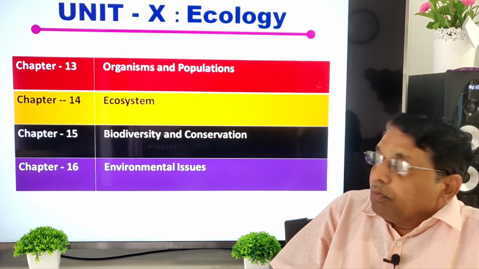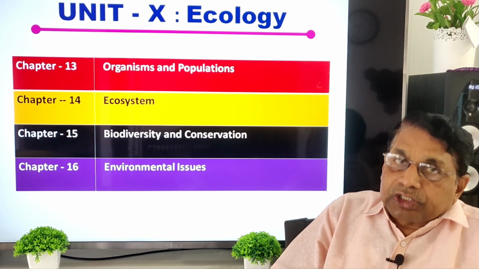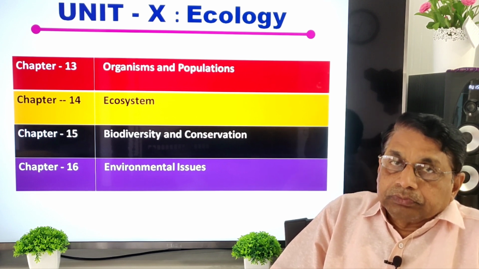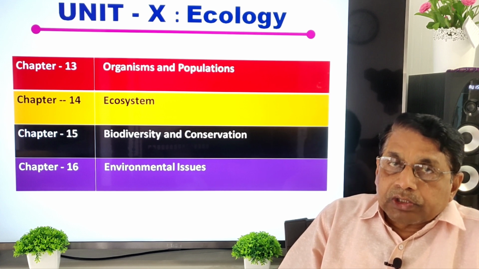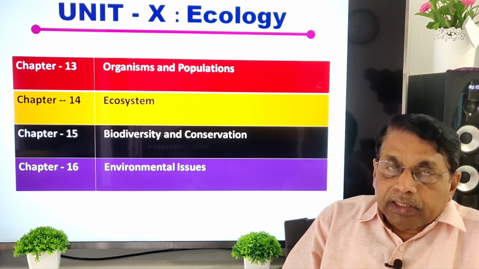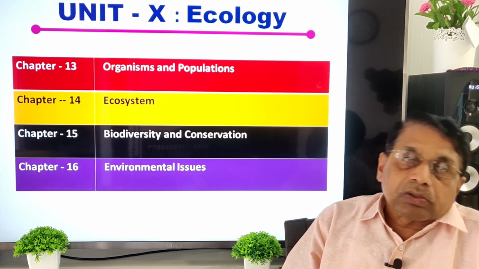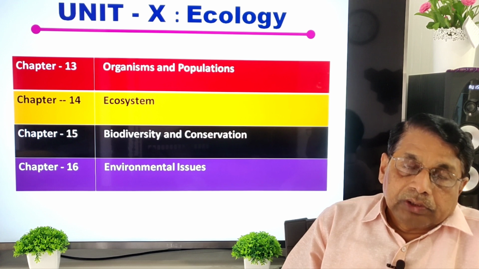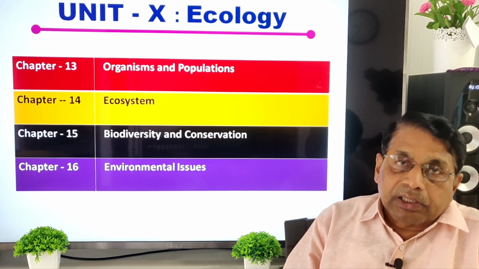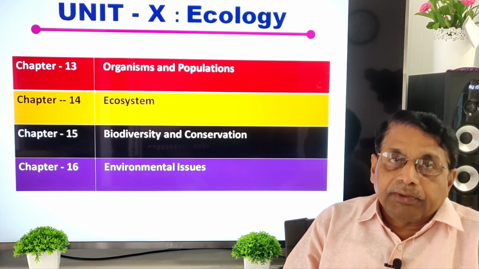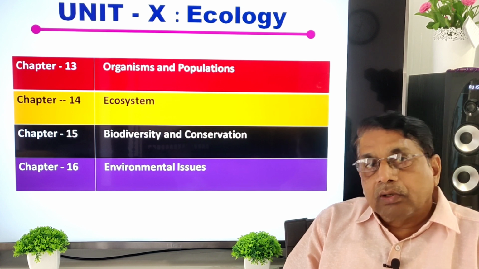In chapter 14, more details about the ecosystem. For example, pond is an ecosystem, lake is an ecosystem, grassland is an ecosystem, desert is an ecosystem, even the tundras are also an ecosystem. In these ecosystems, there is an interaction between non-living and living organisms.